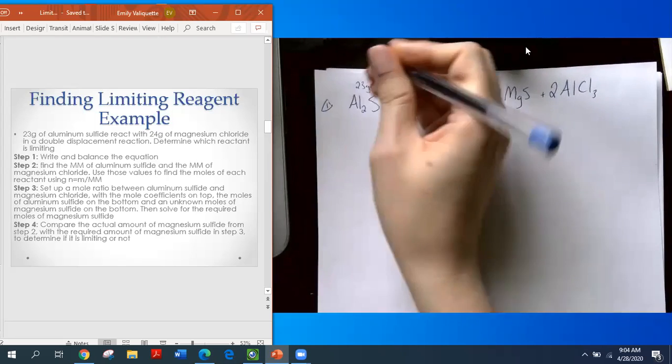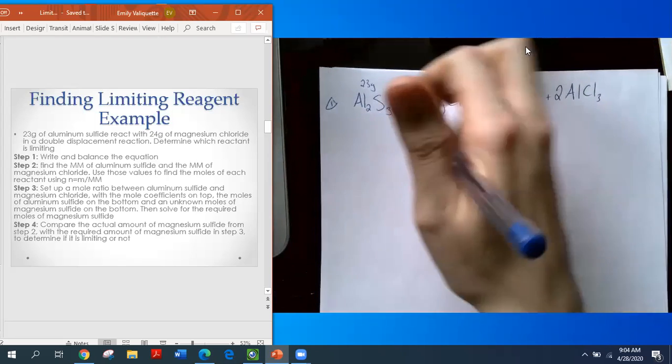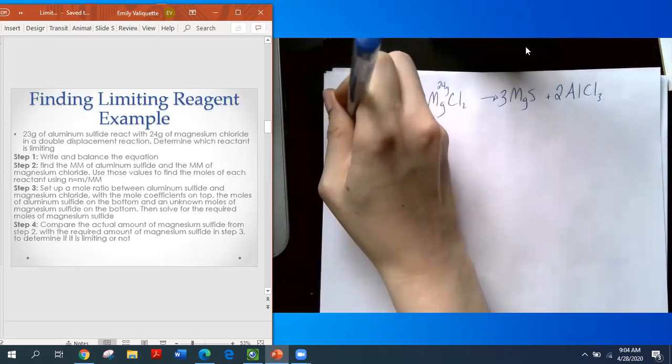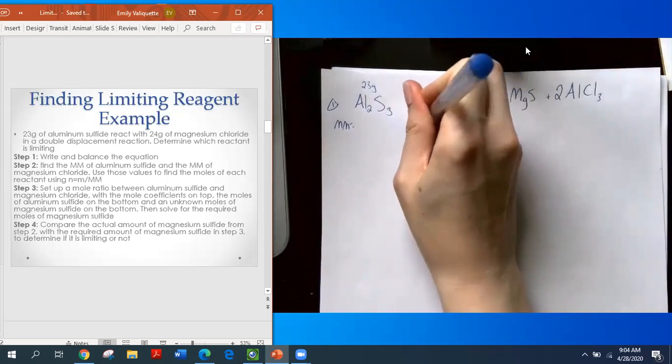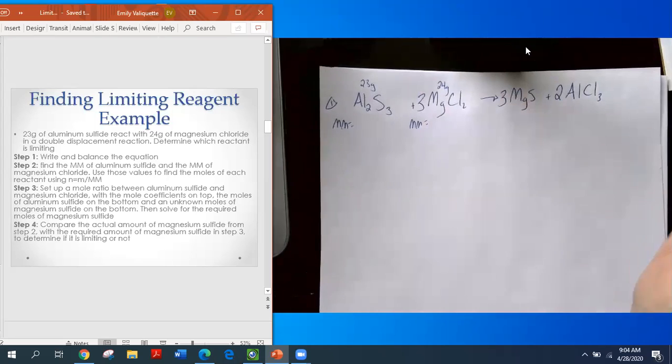So the first thing that I'm going to do after balancing my chemical equation is figure out what my molar masses of those two reactants are. So if I go over to my periodic table, I can calculate those.